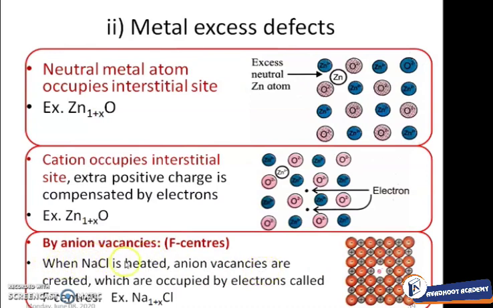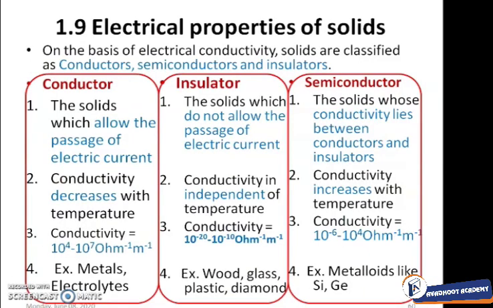So when sodium chloride is heated, anion vacancies are created, and these vacancies are occupied by electrons. Such centers or vacancies are called F centers or colored centers. An example is sodium chloride. So this is the metal excess defect.